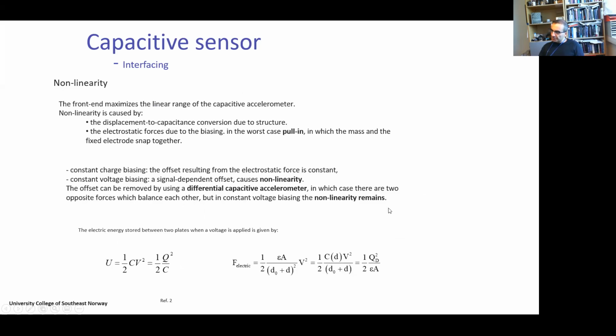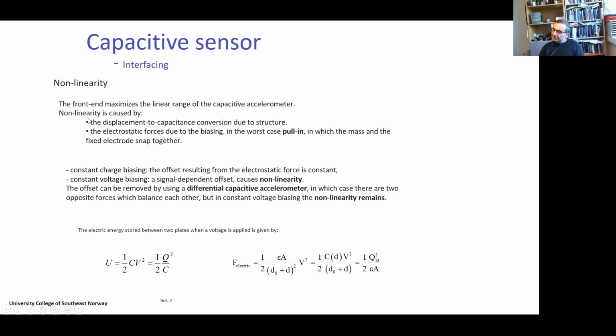So what is the difference between voltage and charge biasing? As I said, the biasing can have effects on the sensor.